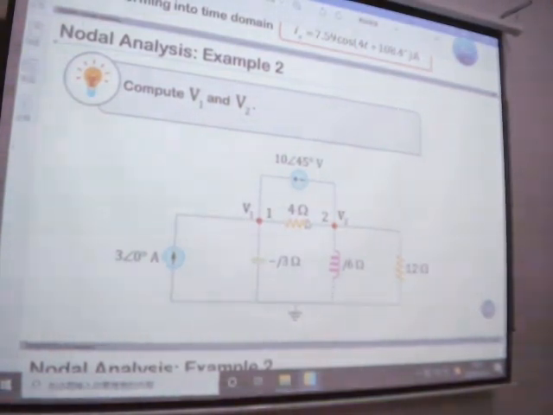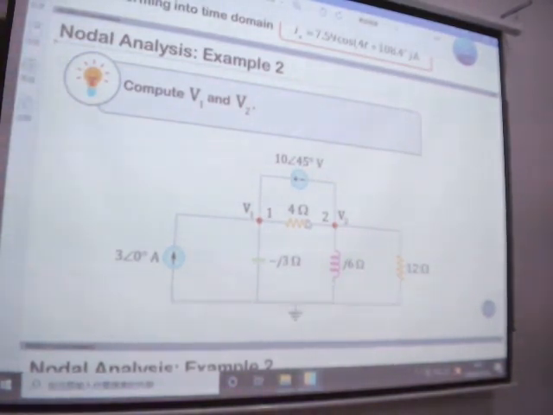And we still have another one, a capacitor. So we should have 3J over 1, or minus 3J over 1. But here we change the minus J to J. So we have J times 1 over 3. This one is for Y11. For Y22, we look at node 2.